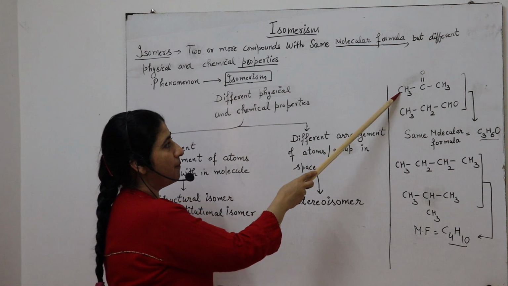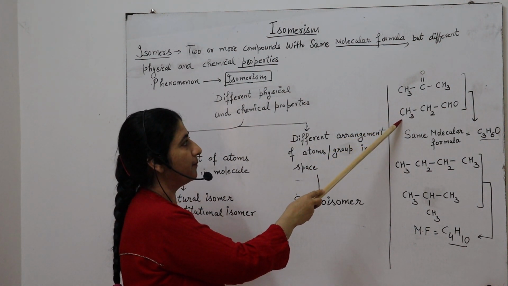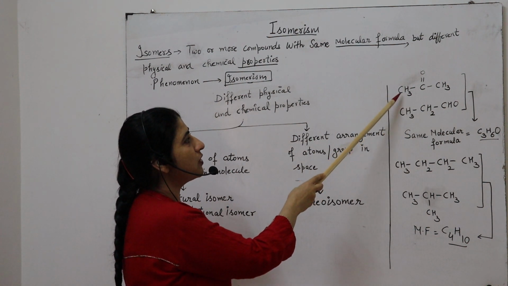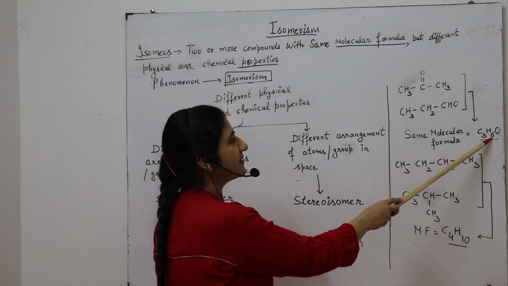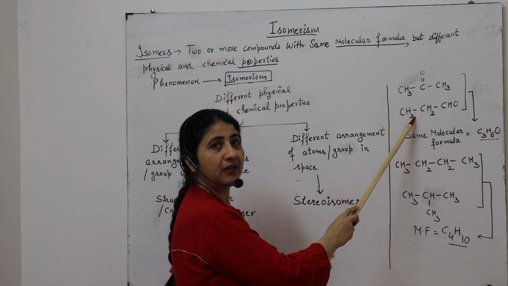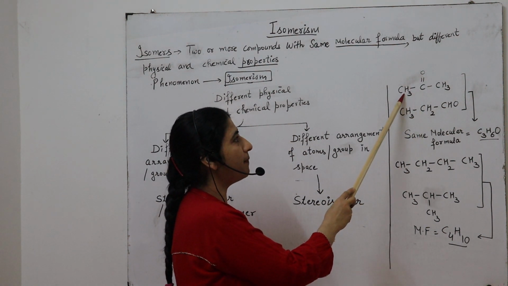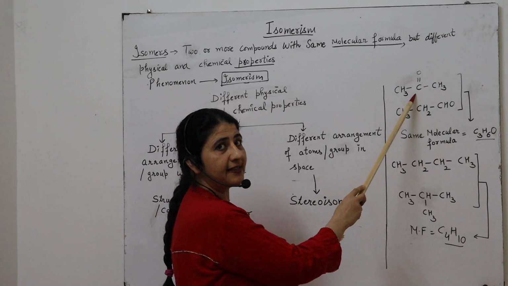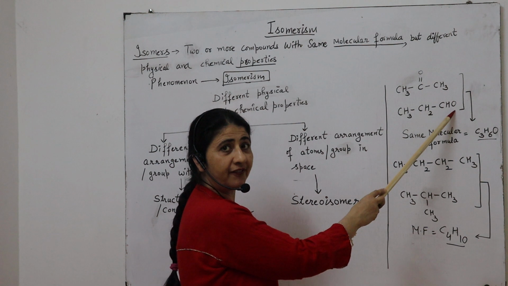So let's take an example. We have two compounds: one is acetone and the second is propanol. These two compounds have the same molecular formula, that is C3H6O, but due to the arrangement of atoms, they show different physical and chemical properties. In the first compound, we have a ketone as a functional group. In the second compound, we have an aldehyde as a functional group.